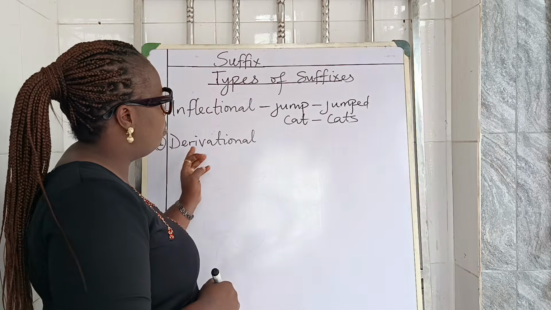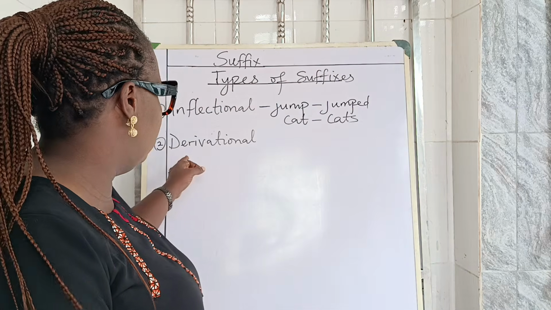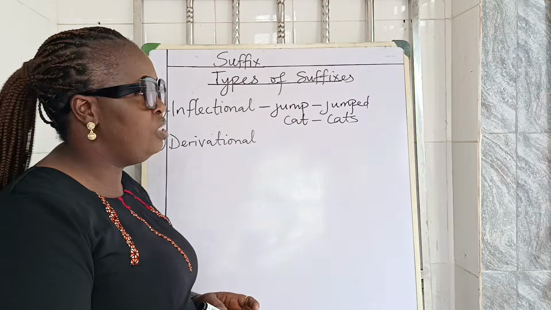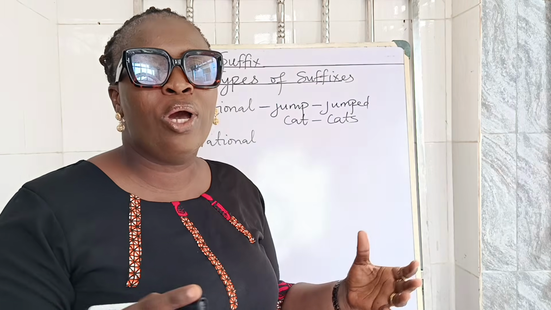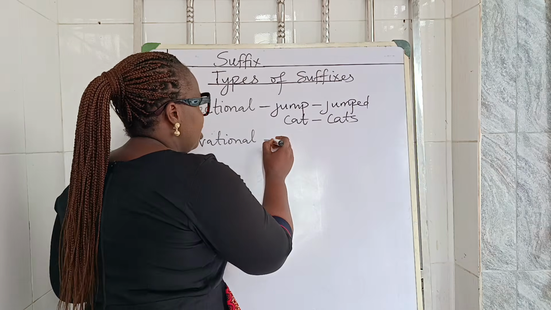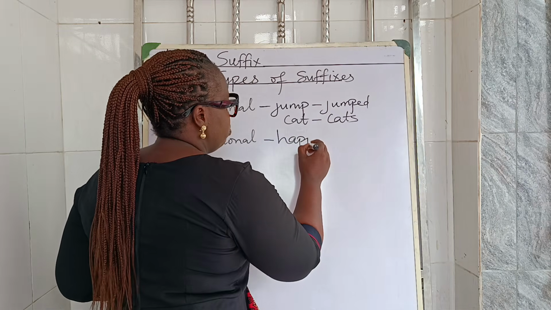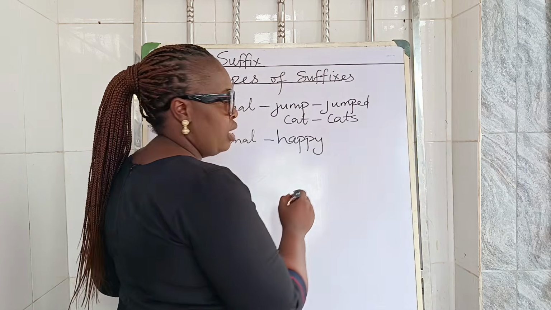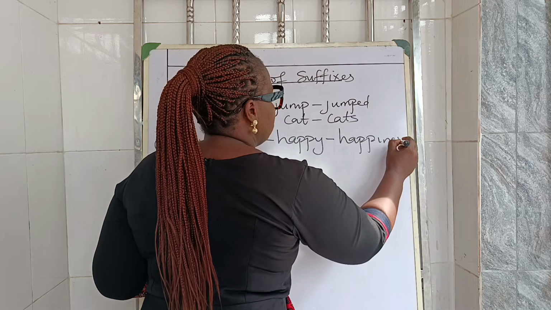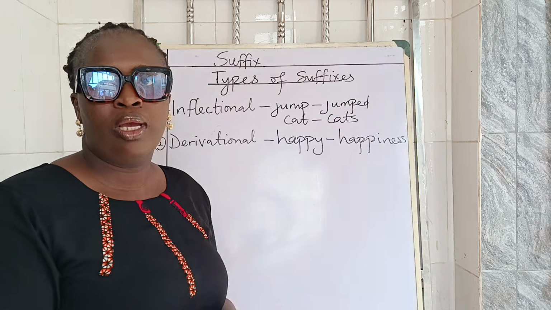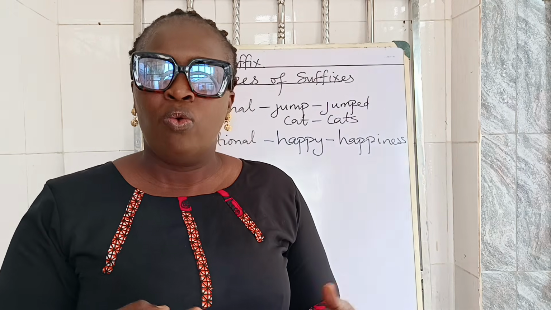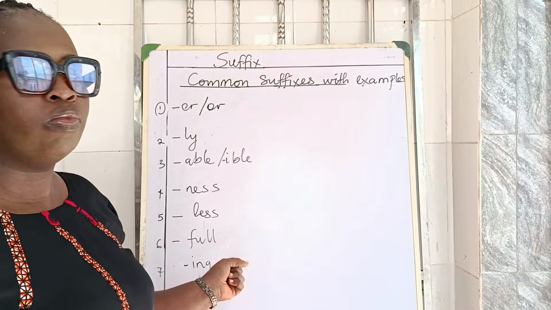Then we also have the number 2 type of suffix, which is the derivational suffix. This entirely changes that particular root word to another one with a new meaning. We have an example, happy. Change it to happiness. And so on.